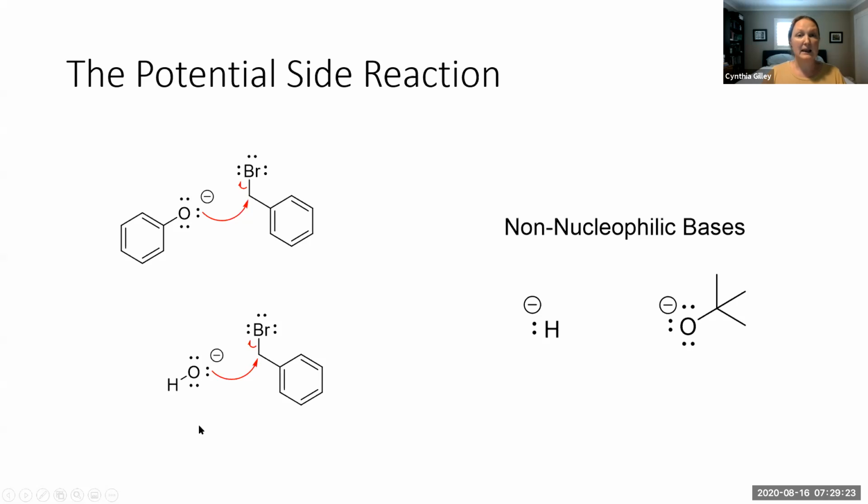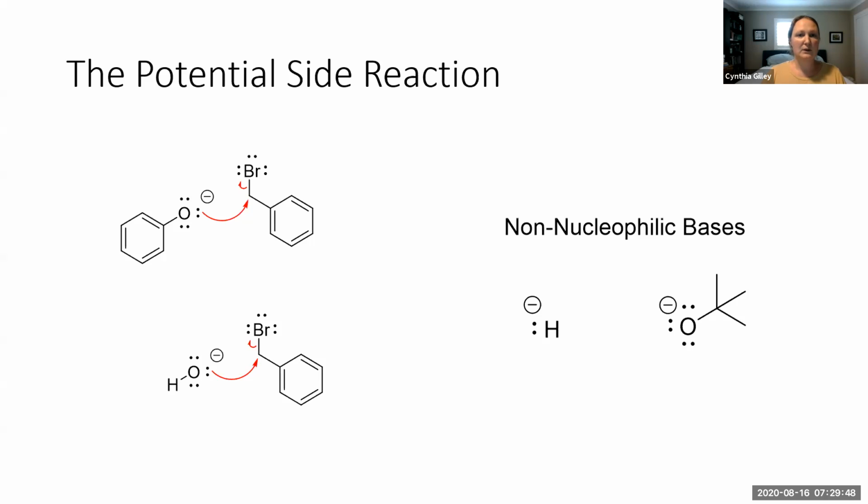If this was a major side reaction occurring, what could we do? One thing we could do is basically change the base. Because one of the things that we know about hydroxide is that while it's a fairly strong base, it's also a strong nucleophile. We want it in this reaction to act as a base, not as a nucleophile.